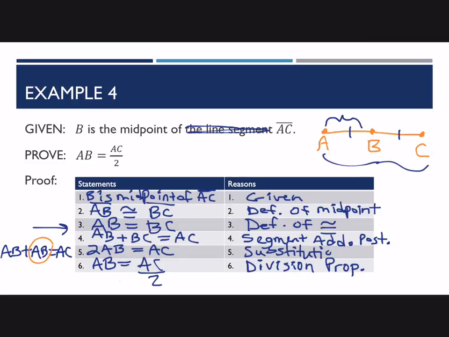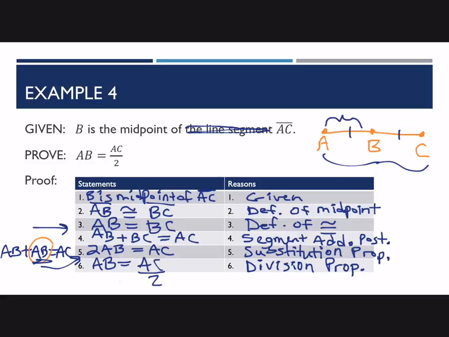And we kind of did two substitutions. You can do this as 2 steps if you want, but it's okay if you want to just summarize and put it in 1 step. The first substitution was changing BC to AB, and then the next substitution was swapping out AB plus AB for 2AB. So another substitution of something that's equal.